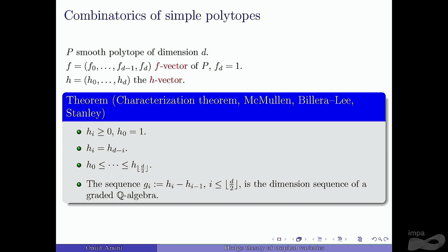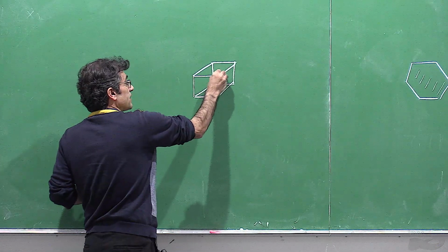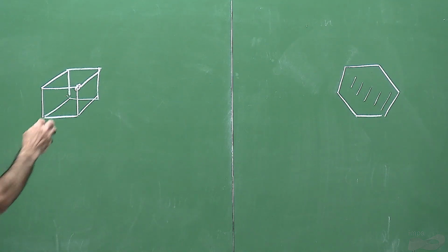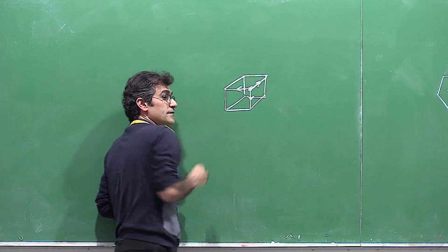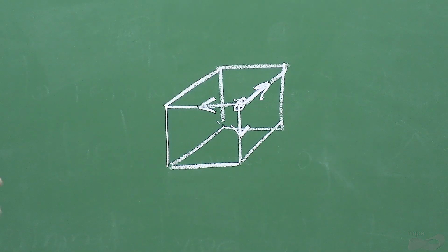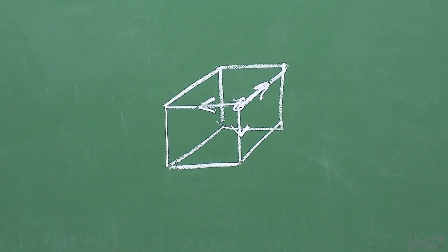Okay, so the question is how you can characterize all the F vectors of polytopes. This is a difficult problem, but it turns out that there is a classification of the F vectors of smooth polytopes. What is a smooth polytope? It is a polytope which looks like the cube. It has the property that if you look at every vertex, at the vectors that you see here, let's say we are in the rational case, there's a generalization to any simple polytopes.